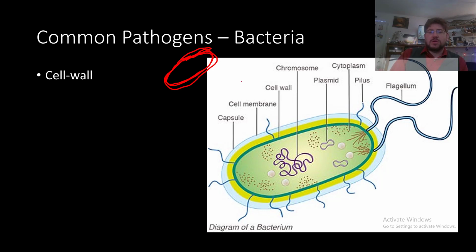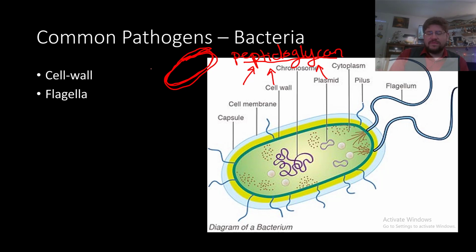You don't need to know this, but it's actually called a peptidoglycan cell wall. Peptidoglycan is the main component of that cell wall, and that is not anything that exists in eukaryotic life. In fact, there are a lot of antibiotics that target the cell wall or the mechanisms involved in producing the cell wall. So you have that peptidoglycan cell wall creating a nice, strong protective layer.